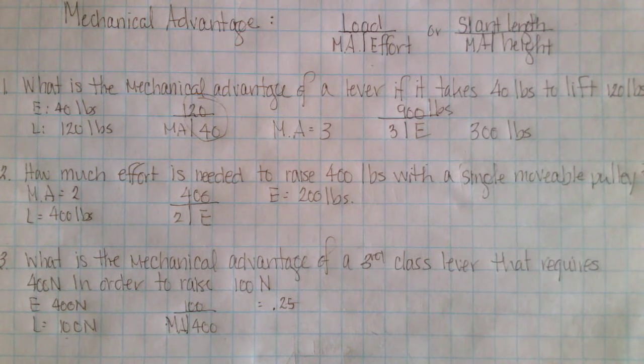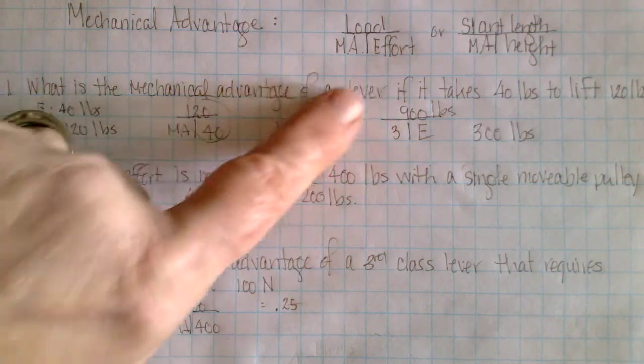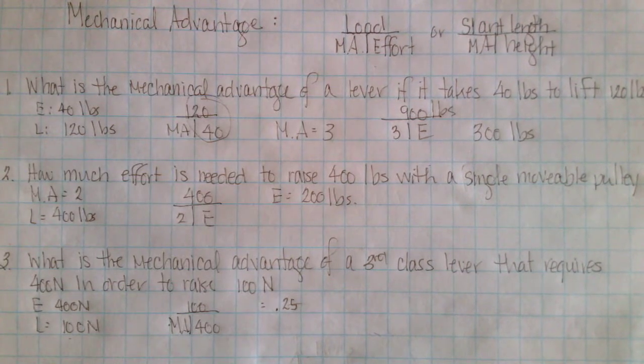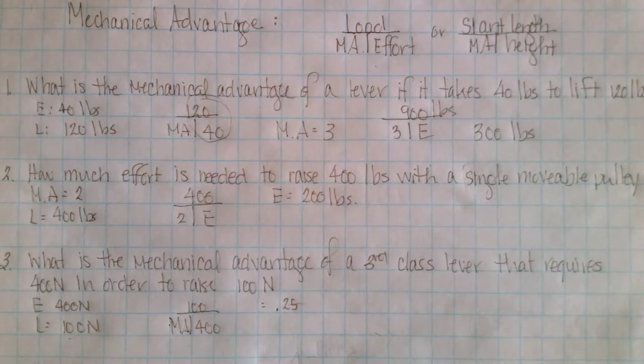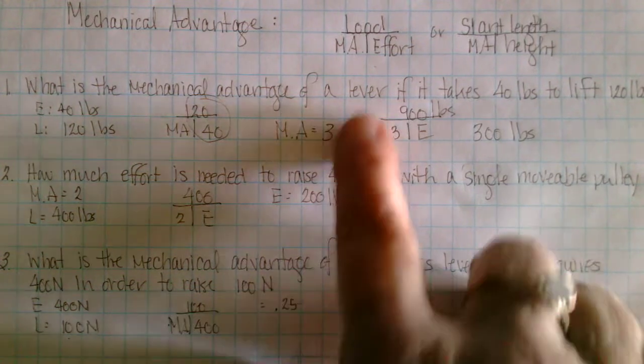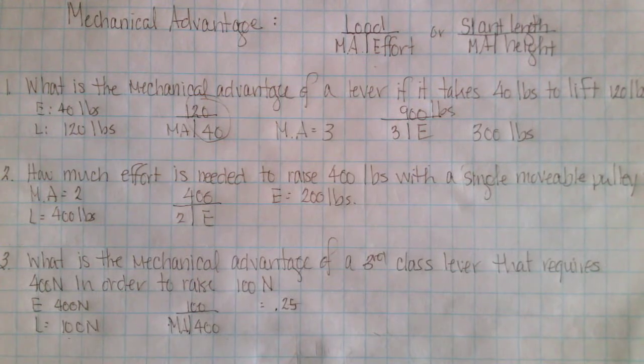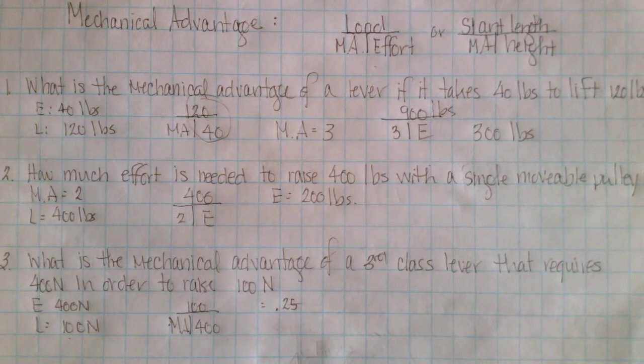All right, let's talk about a couple of these and what this looks like. Here is your T for mechanical advantage, if I'm talking about a lever or actually anything at all. This is the specific T for an inclined plane, but this will work for every simple machine. So what is the mechanical advantage of a lever if it takes 40 pounds to lift 120 pounds?